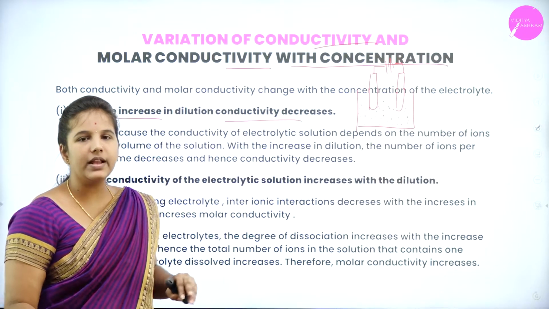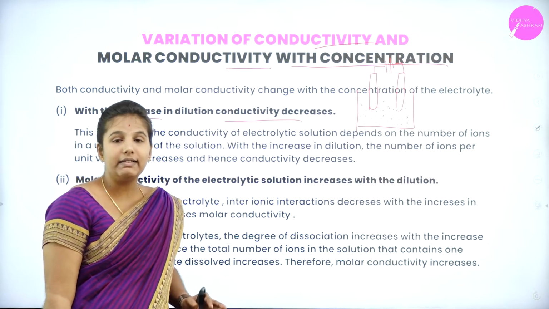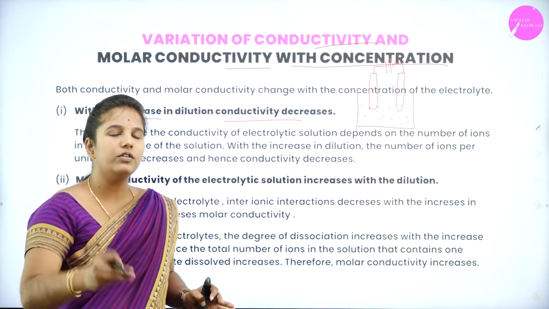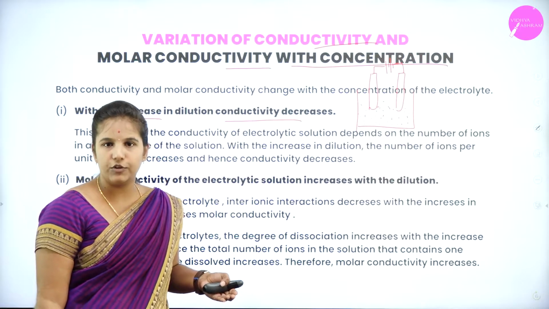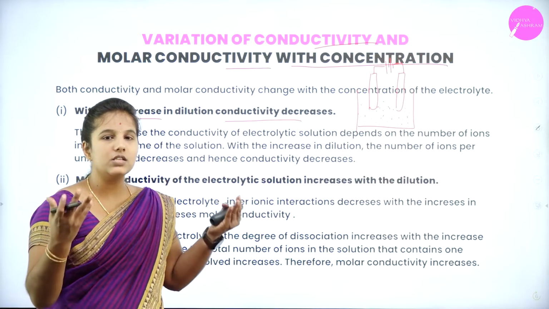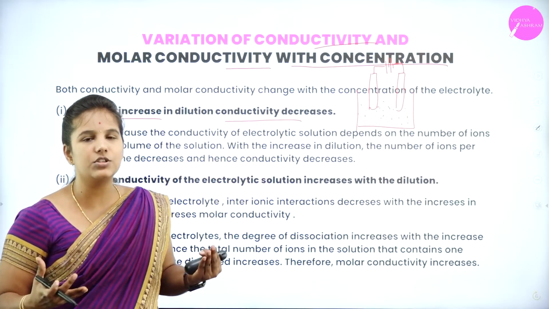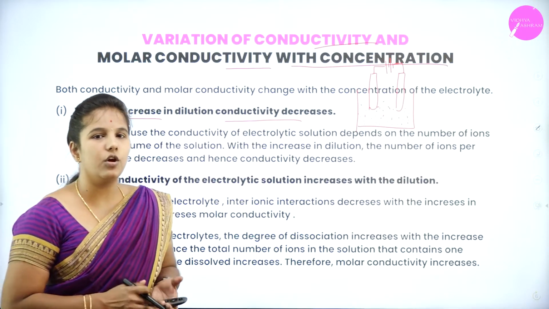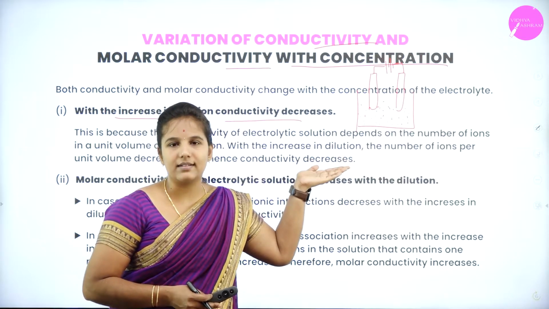The ions will get separated, and the more you dilute, the more the conductivity will be reduced. Why will the conductivity be reduced? If you dilute the solution by adding a dilute solution, the ions of the concentrated electrolyte present in the solution will get diluted. If the ions get diluted, obviously they do not respond as much for conducting the electricity.